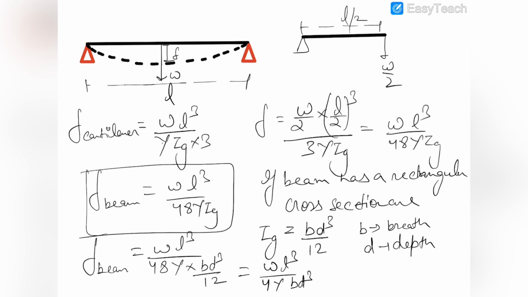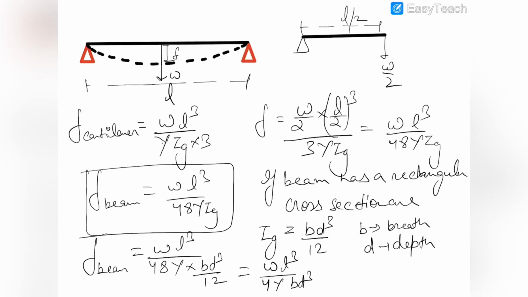Now if this beam is of cylindrical shape, then its cross section would be circular, and therefore for a beam of cylindrical cross section, the geometric moment of inertia would be pi r to the power 4 by 4.